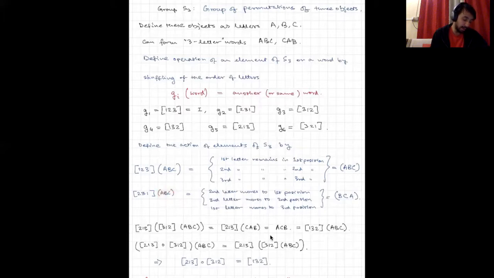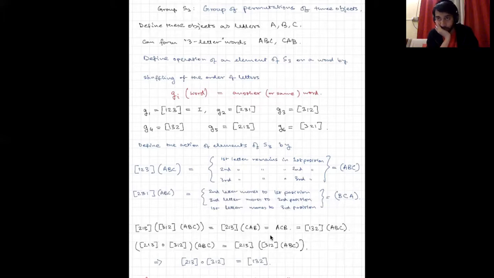So what do you have? The second letter moving to the first position is B, the third moving to the second is C, and the last one has to be A. So 2, 3, 1 on ABC is given by BCA. You can go on doing this for much more and figure out what that means.